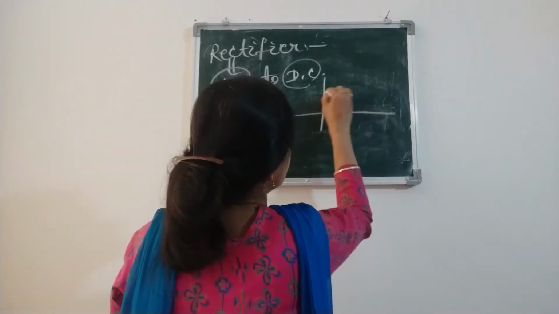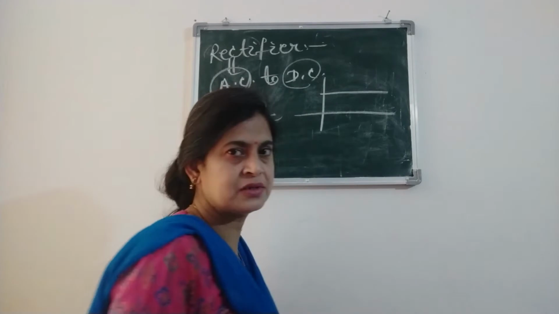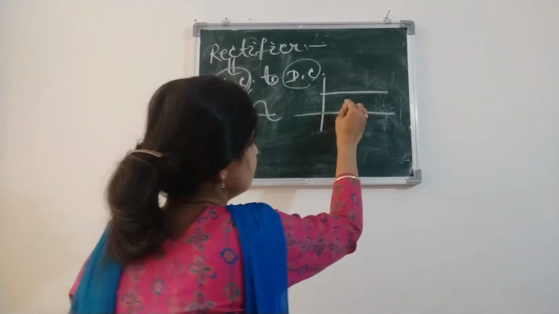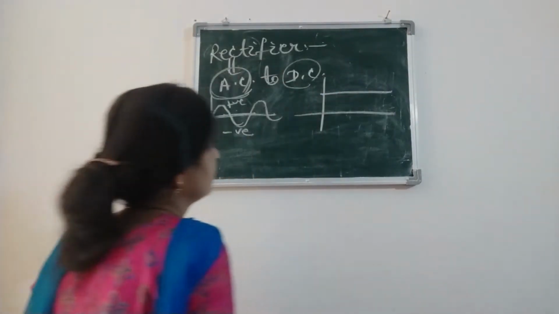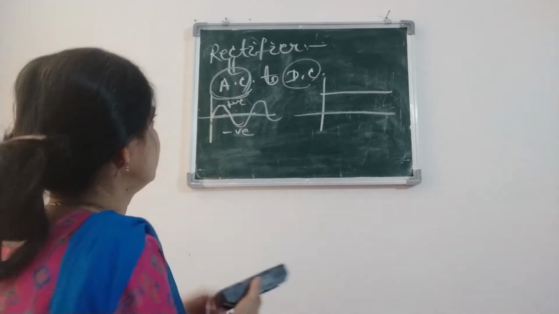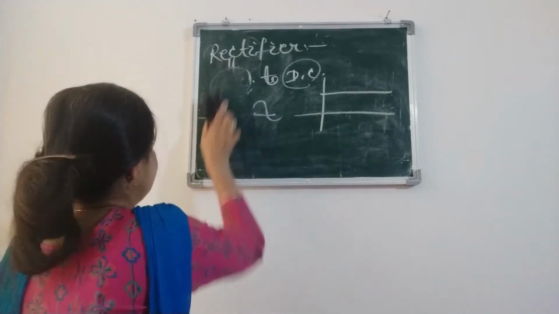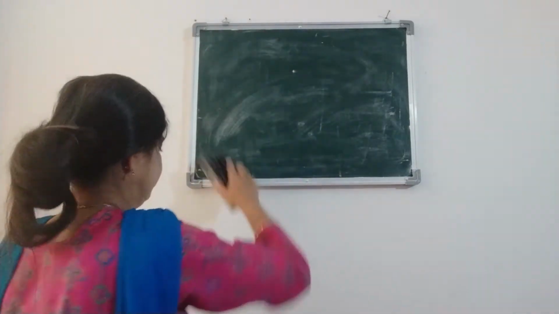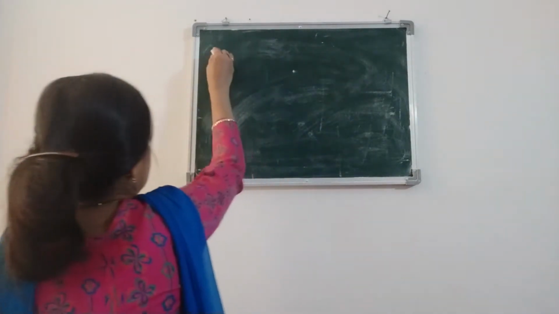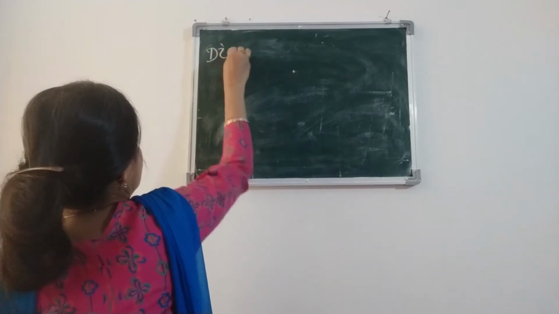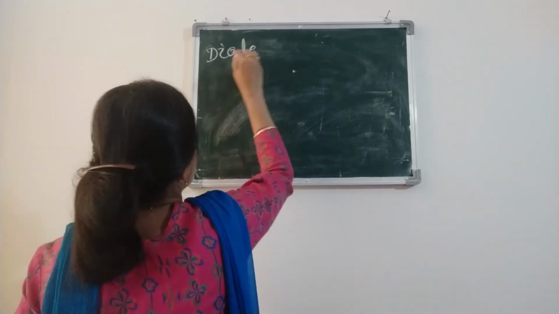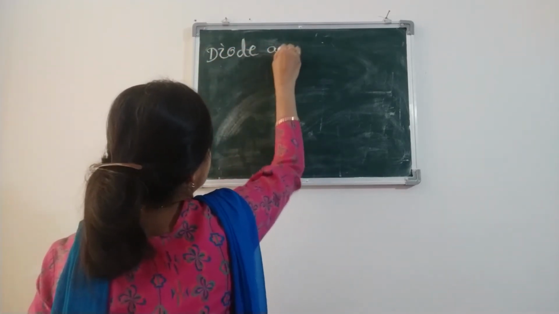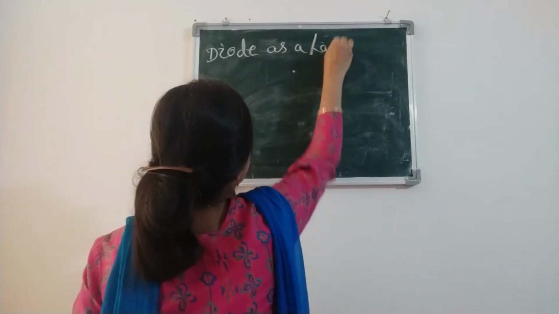DC means only unidirectional, or the current which is only one direction. So how the rectifier will work? Or diode means PN junction diode is a half wave rectifier.